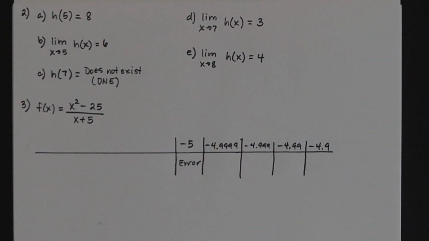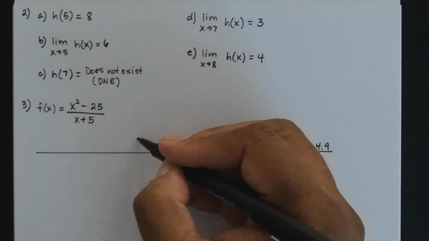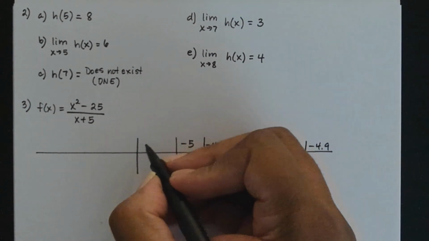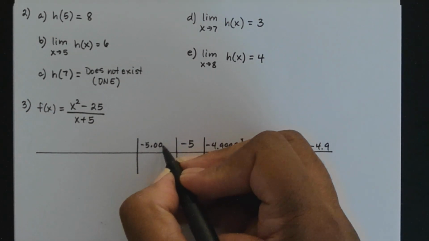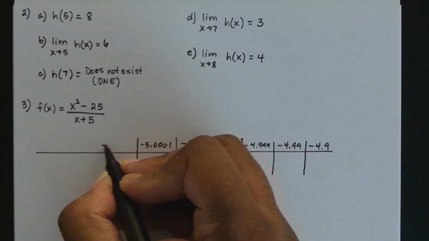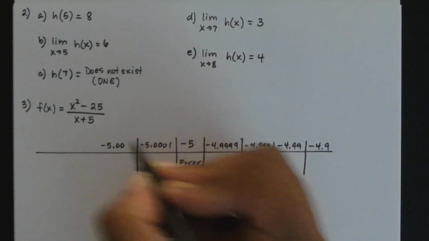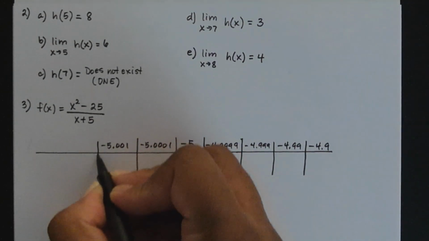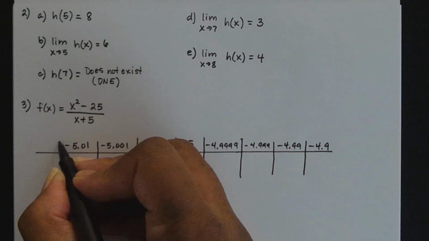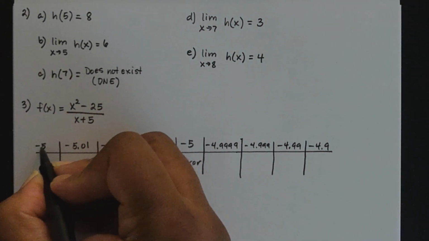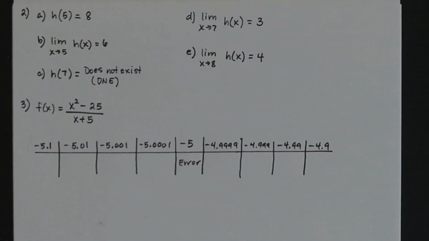That's as we approach negative 5 from the right. And then from the left, it'd be negative 5.0001, then negative 5.001, negative 5.01, and finally negative 5.1. Okay. So now I'm going to use my graphing calculator to do this.